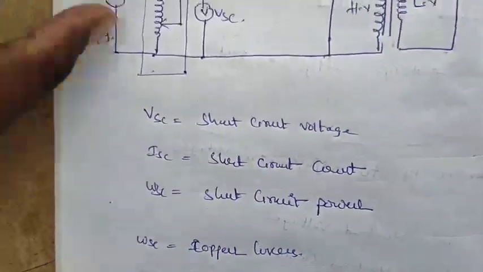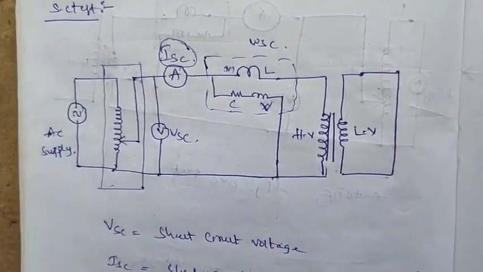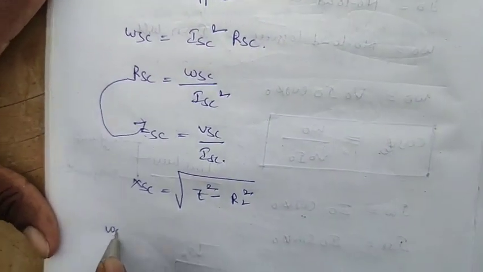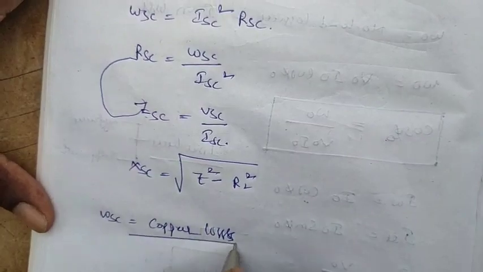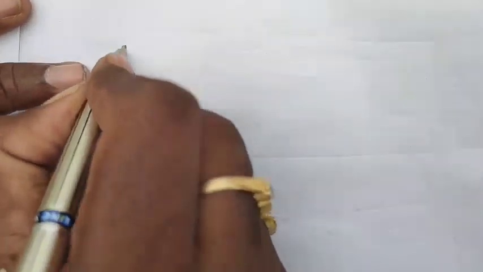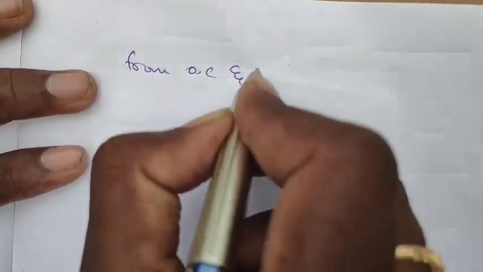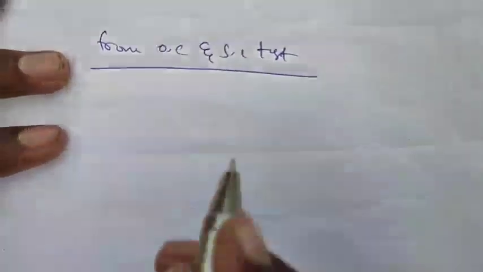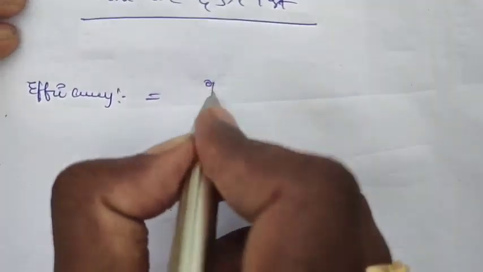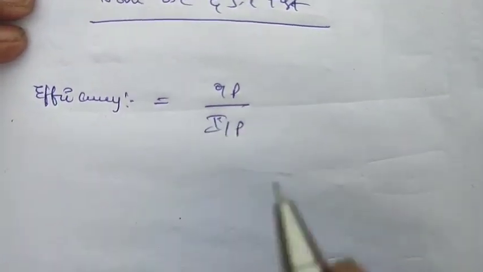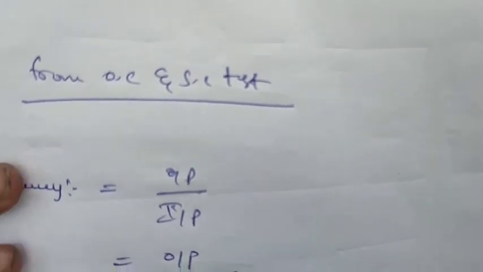The purpose of this test is to calculate the efficiency. Here Wsc is equal to the copper losses. So from the OC and SC test we can calculate the efficiency equal to output by input, that is output divided by output plus losses.